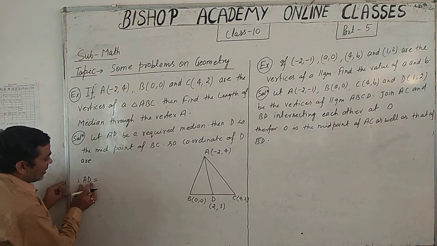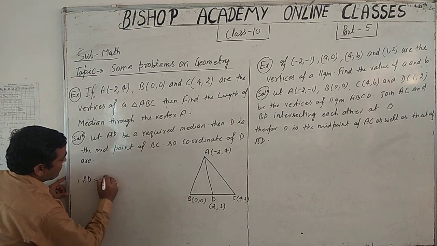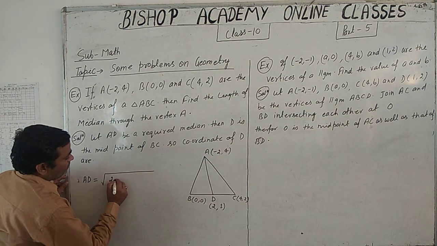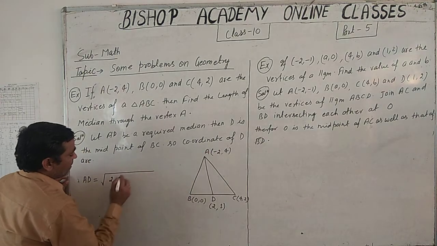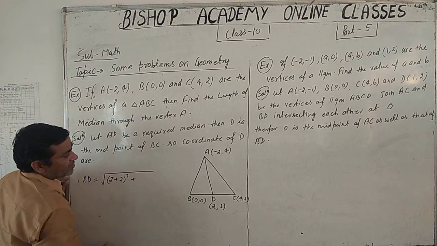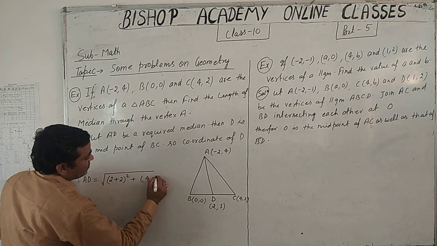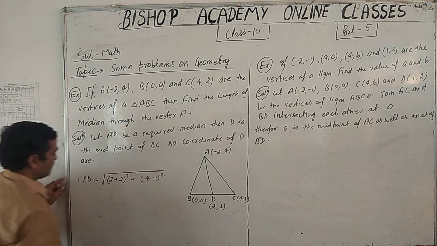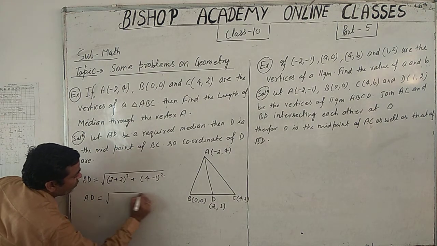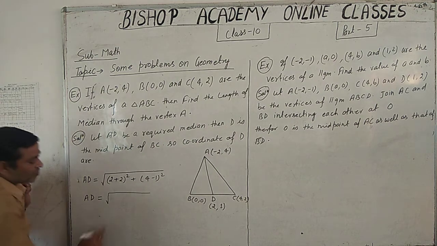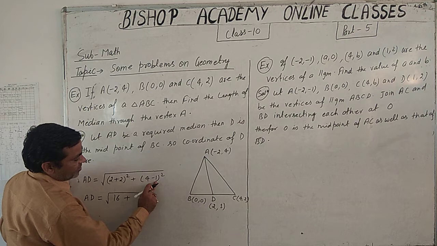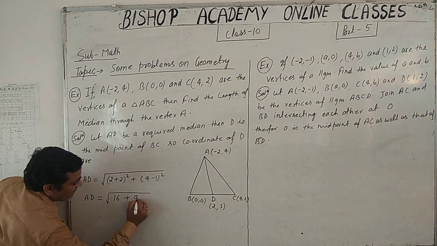Then the length of AD is under root of (2 plus 2) whole square plus (4 minus 1) whole square. AD equals under root of 4 squared, which is 16, plus 3 squared, which is 9.